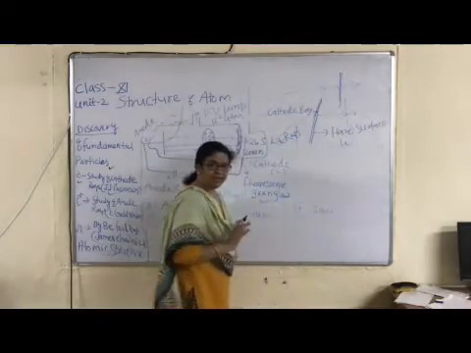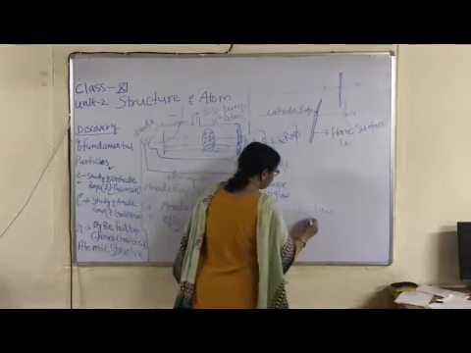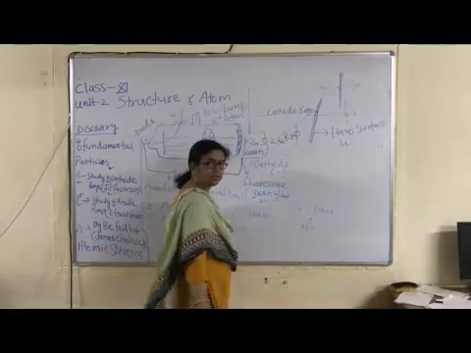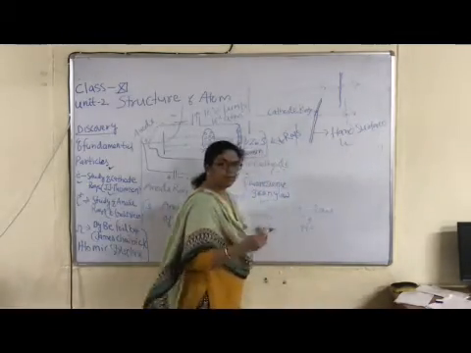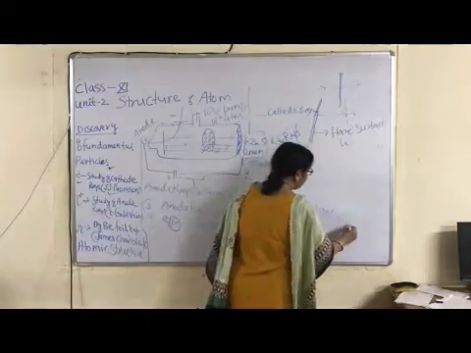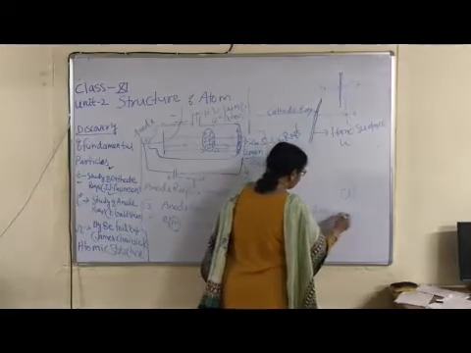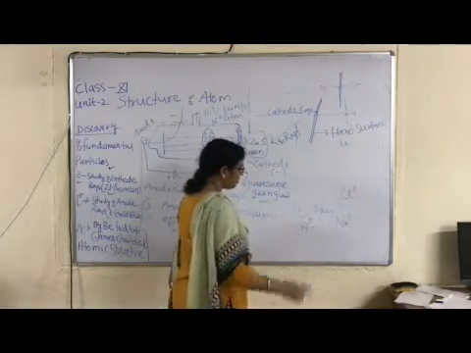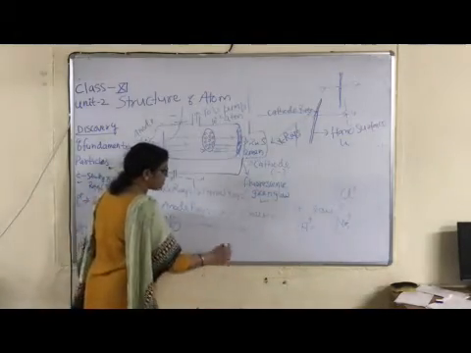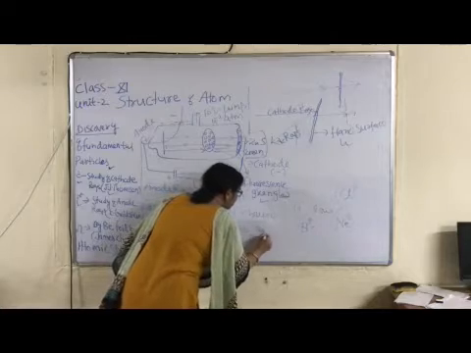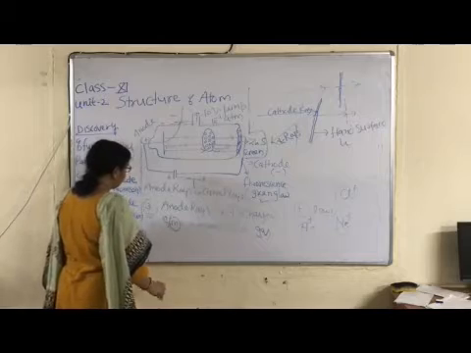The mass of the positive ion is not constant. If hydrogen gas is taken, then the mass is that of hydrogen. If neon gas is taken, then what cation forms? Ne plus. If chlorine is taken, then the formation is different. So this mass is not constant because the elements are different, right? So this e/m ratio depends upon the gas which is taken in the discharge tube. This is a different property, just the opposite of the cathode rays, right?